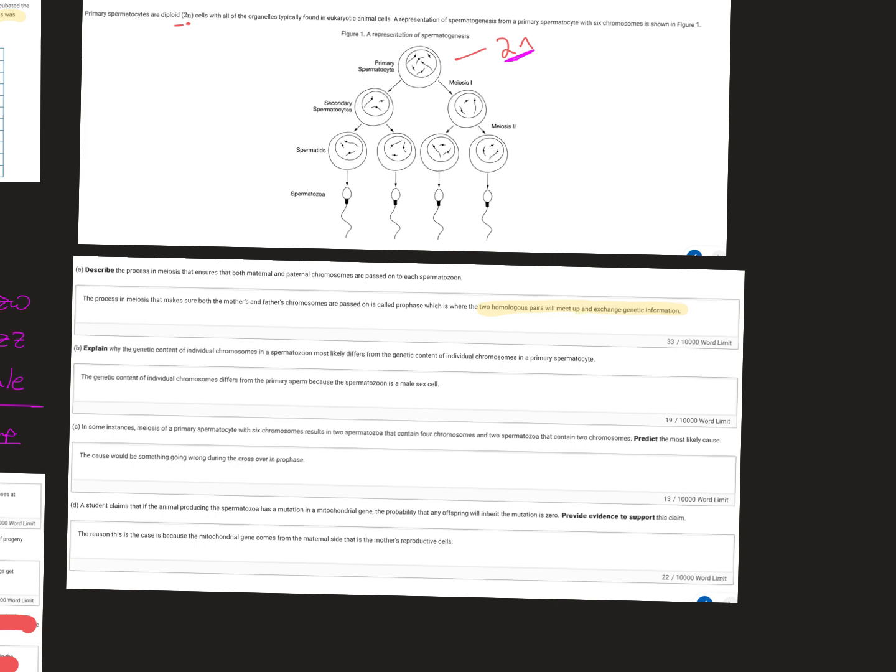Homologous pairs meeting up and exchanging DNA is what guarantees genetic variability. But if you want to know what makes sure that you get the homologous pairs lining up next to each other, that's what guarantees it.